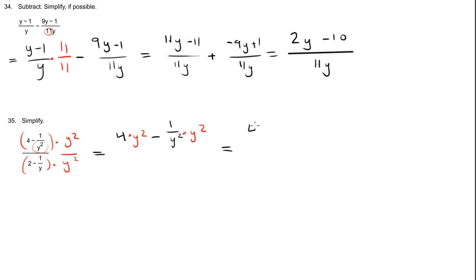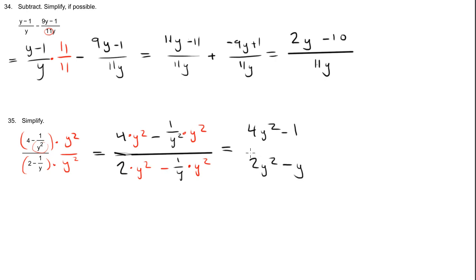That gets me 4y squared minus 1. And then in the denominator, we're going to have 2 times y squared minus 1 over y times y squared, that's 2y squared minus y.